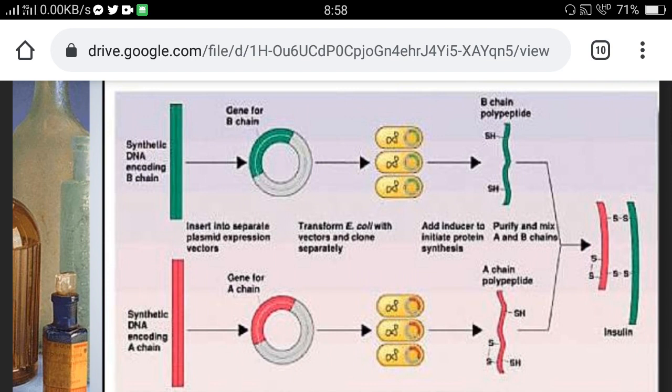Synthetic DNA encoding the A chain is also inserted in the plasmid, then transferred into the bacteria, and the A polypeptide chain is produced. Then these are combined with the disulfide bond and insulin is formed.